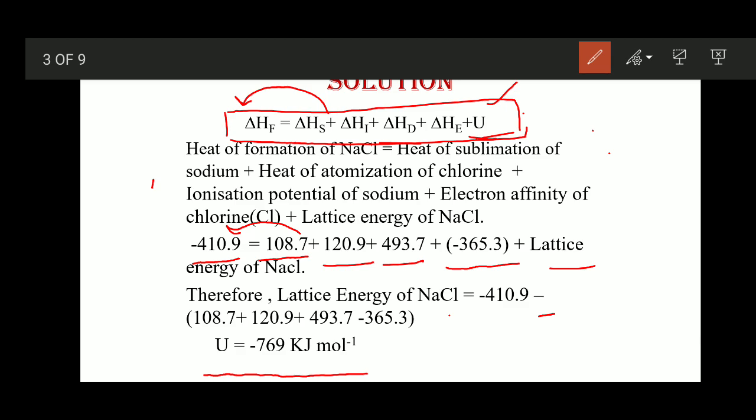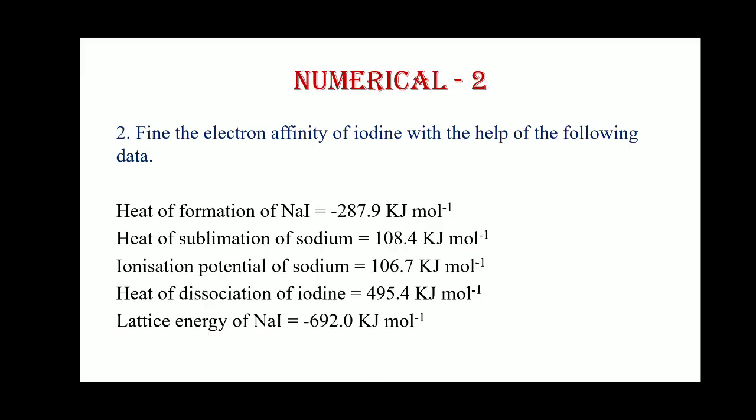Now this is clear. Next we will discuss the second numerical: find the electron affinity of iodine with the help of the following data. Heat of formation is given, that is minus 287.9 kilojoules per mole.